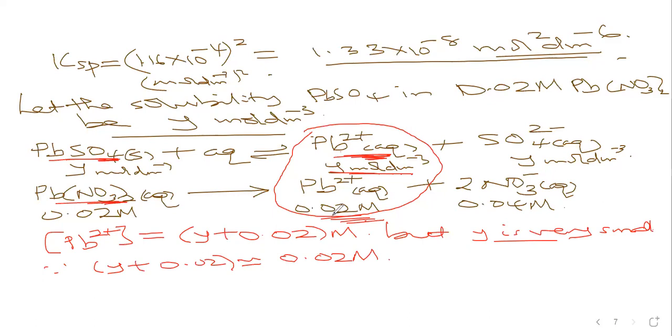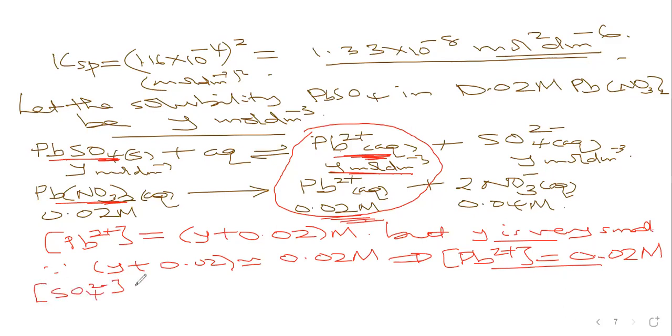Yes, teacher. That's the assumption that is taken at that point. This implies that the concentration of the lead 2 ions we are going to use will be 0.02 molar. I want you to understand that this assumption is taken whenever we are dealing with the common ion effect. The concentration of the sulfate ion remains the same as it is here, Y moles per liter.